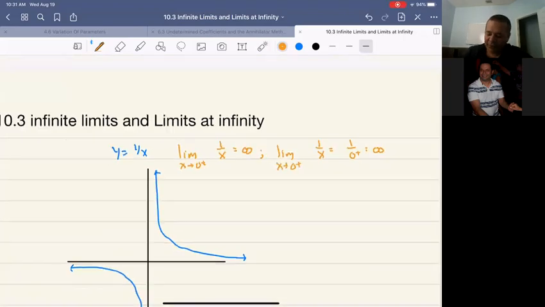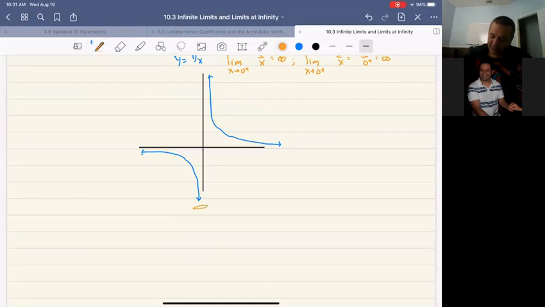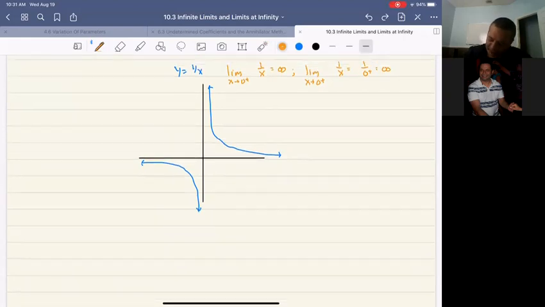In contrast, let's look down here at what's going on. The limit as x approaches 0 from the left of 1 over x equals negative infinity. It's going to negative infinity.